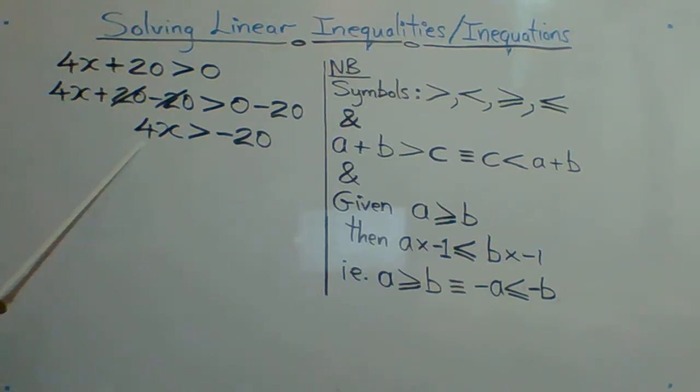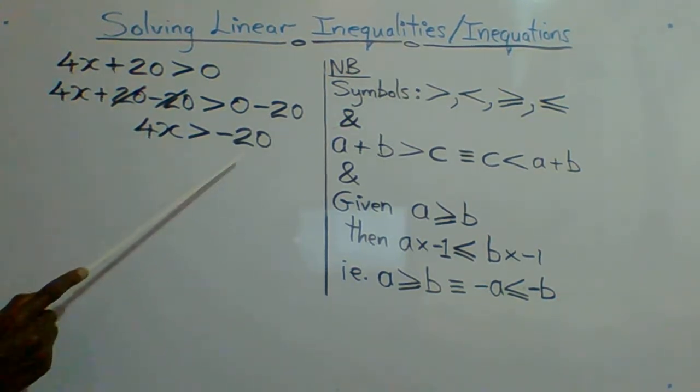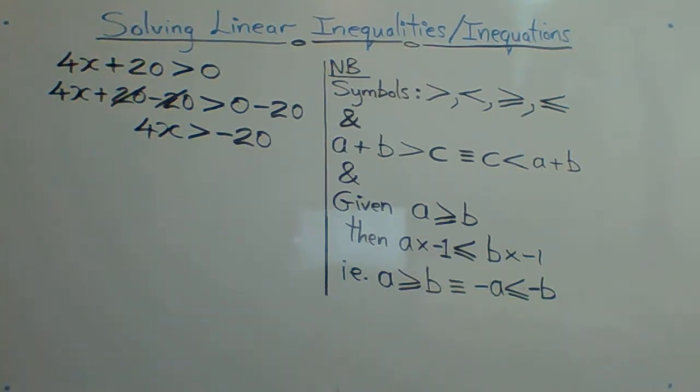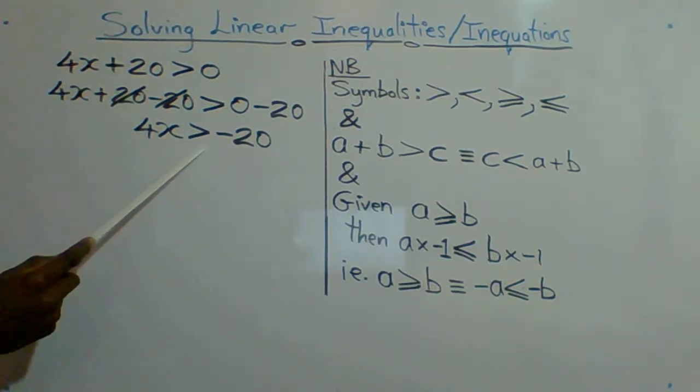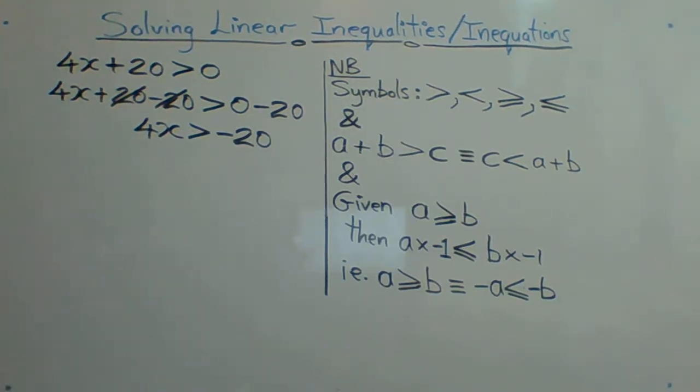So we will divide the left hand side by 4, and to keep the balancing of the statement, we need to also divide the right hand side by 4. Now in this case, dividing or multiplying by a positive number, which is positive 4, will not affect the symbol. So we can go ahead and do that in this same step.